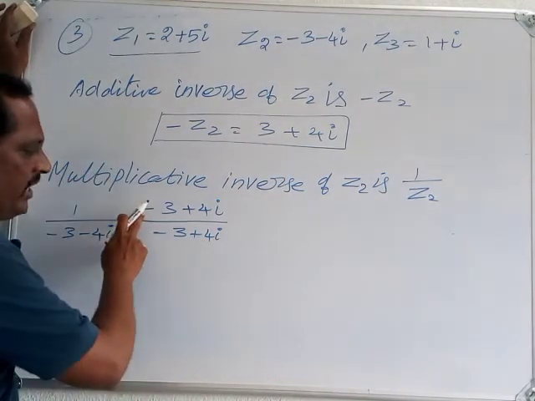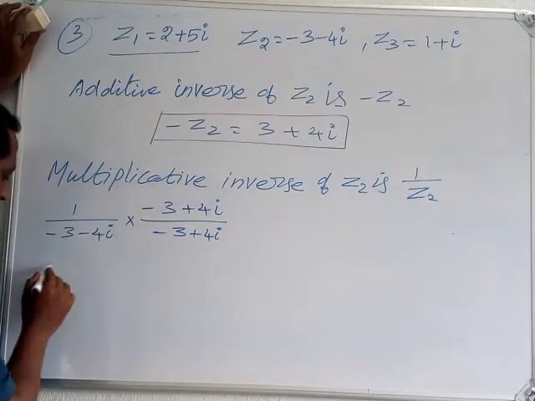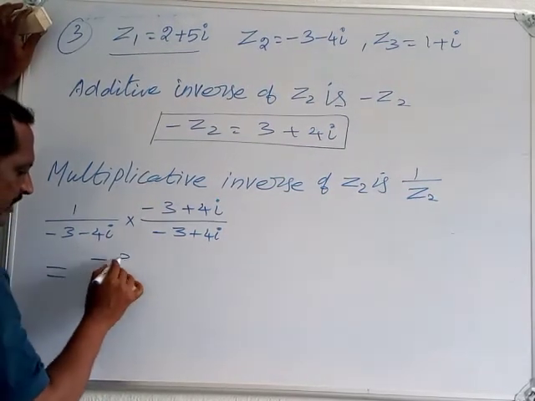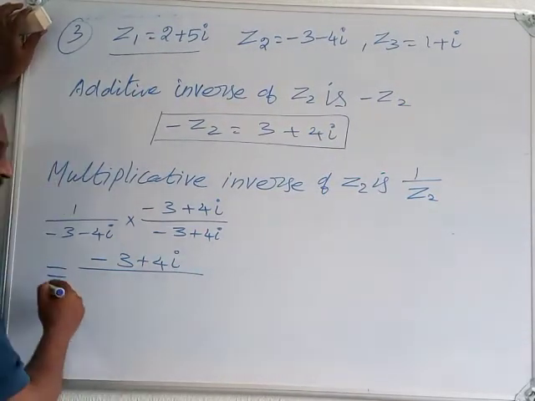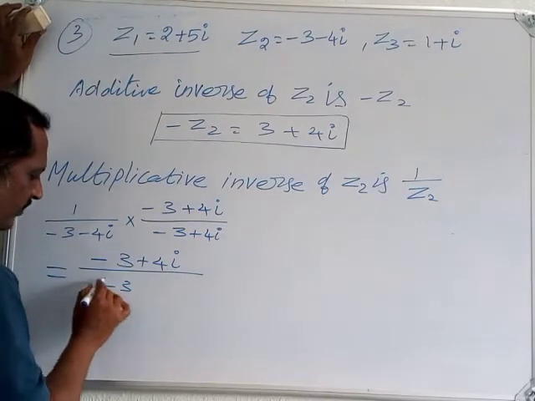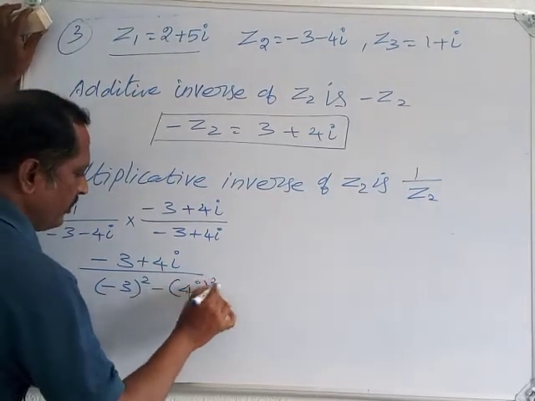You have to multiply numerator and denominator by the conjugate. So the numerator is minus 3 plus 4i, divided by the denominator a square minus b square: minus 3 the whole square plus 4i the whole square.